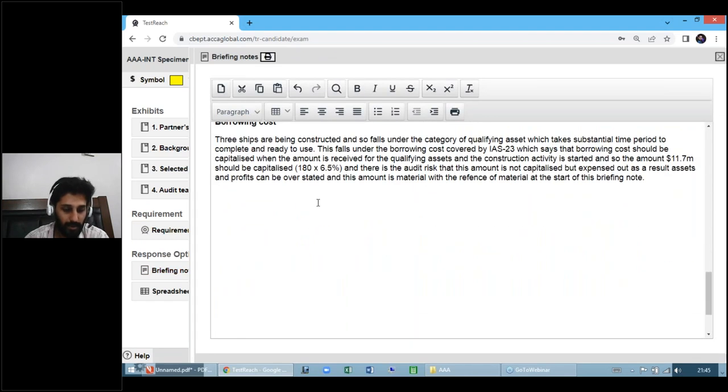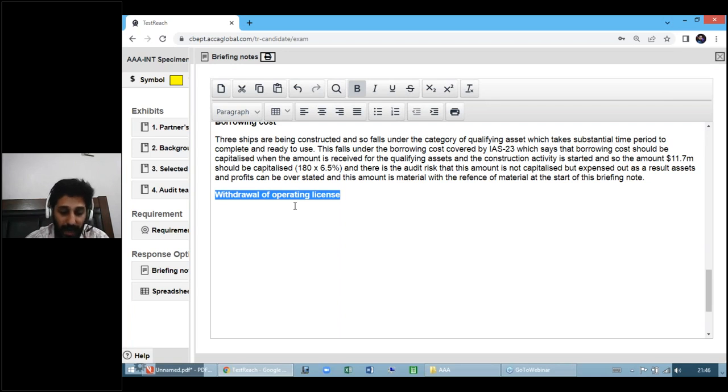I'm writing here the heading: withdrawal of operating license. Now, the starting point is that there is the license cost of 56 million, and this amount is very material as calculated against the threshold of materiality.